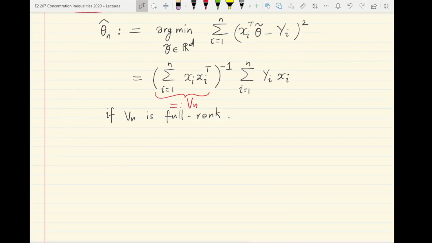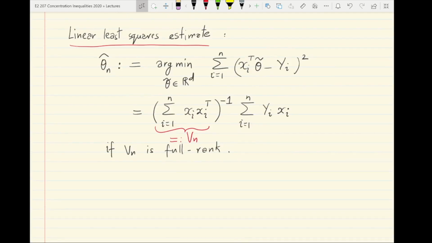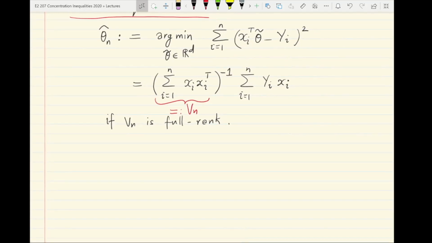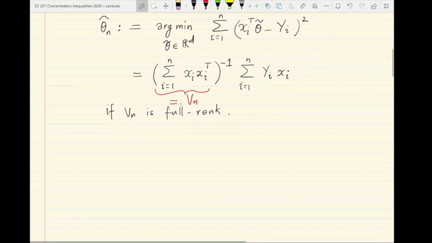Okay, so this is the standard linear least squares estimate for inference about the unknown parameter theta of this linear model. Since we have assumed that the xi's are all fixed, Vn is a fixed or non-random matrix. So theta hat n is just a fixed linear function of the sequence of Gaussian random variables y1 through yn, and since all the random variables y1 through yn are jointly multivariate normal, the estimate theta hat n also has a multivariate normal distribution.